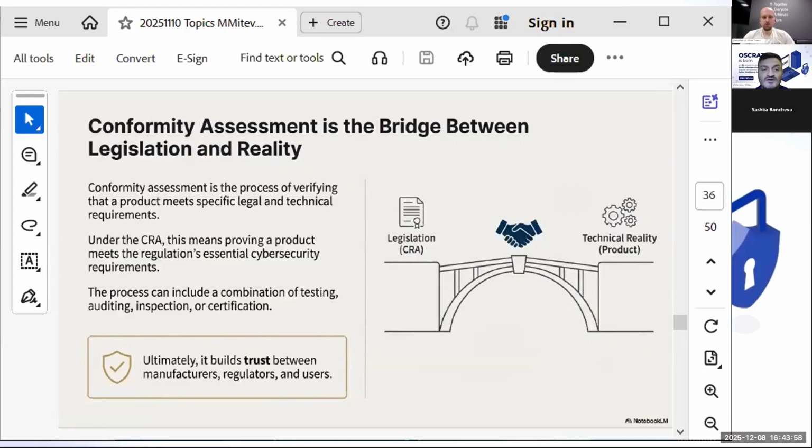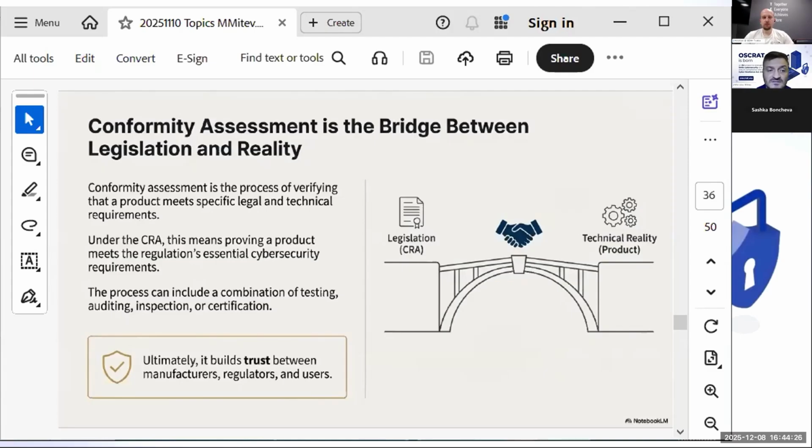The slides show conformity assessment as a bridge between legislation on one side and the technical reality on the product on the other. Without this bridge, laws would stay only in documents, and products could be released without proper security controls.